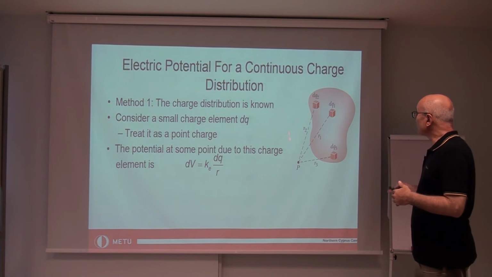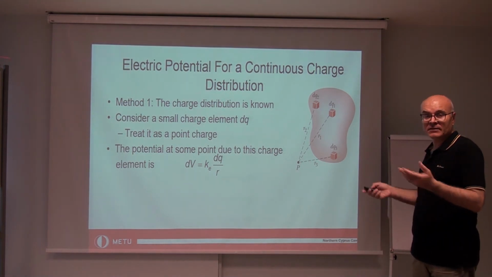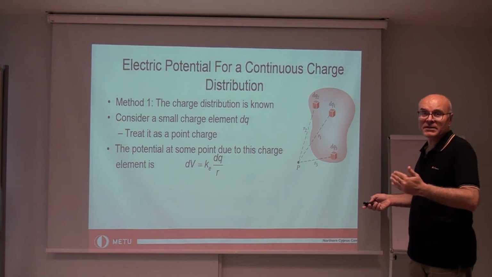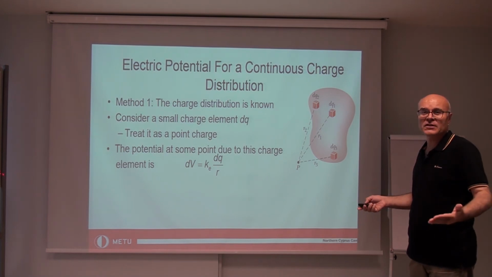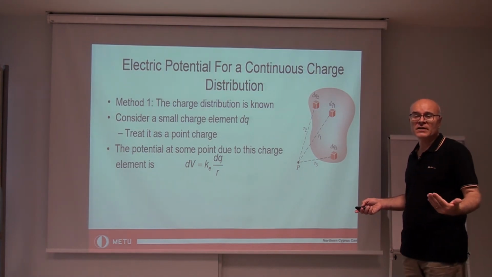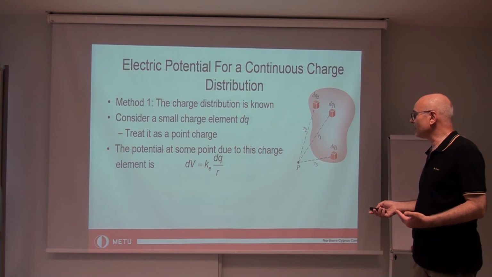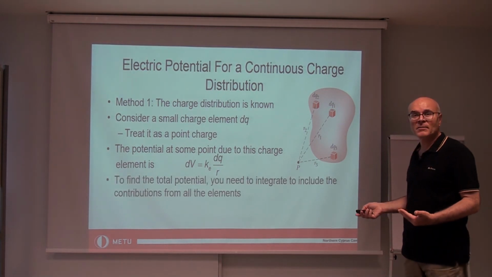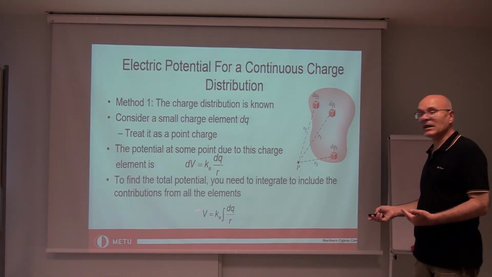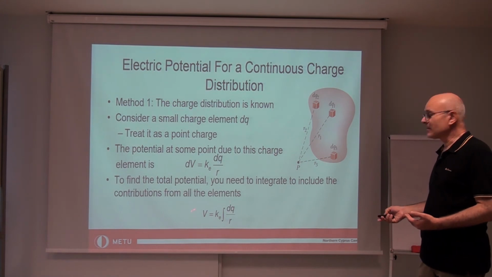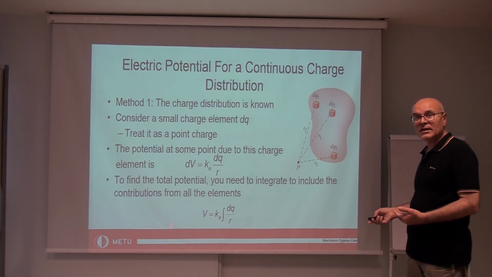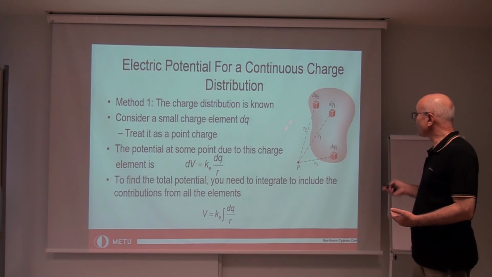Then we add up the potential of all these dq's, and take the limit as n goes to infinity, as we did in the case of the electric field. And this amounts to integration. So this is the expression for the electric potential of a continuous charge distribution.